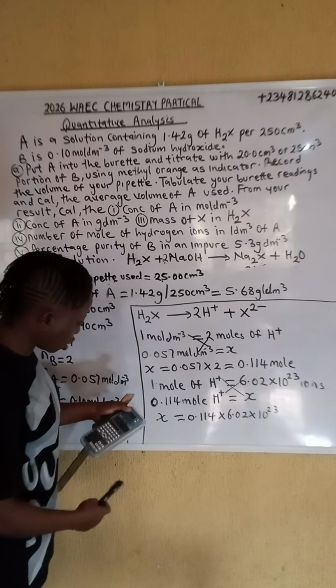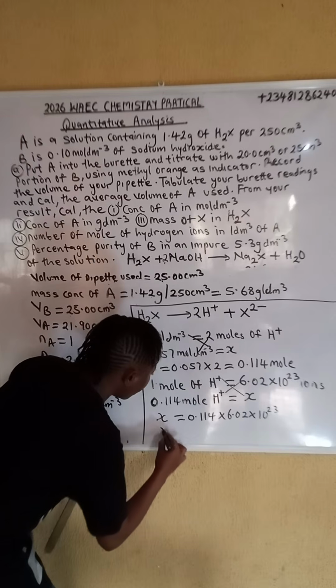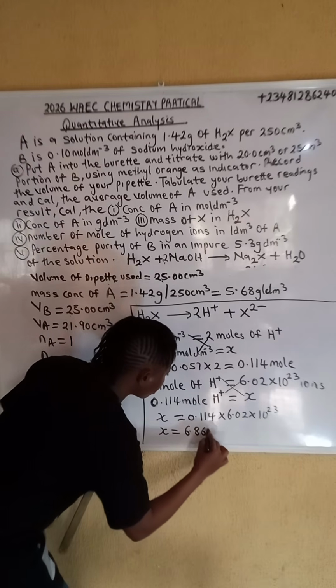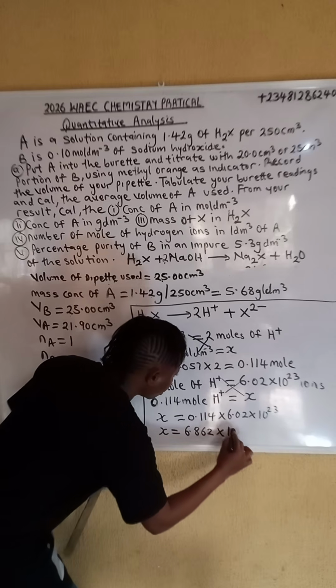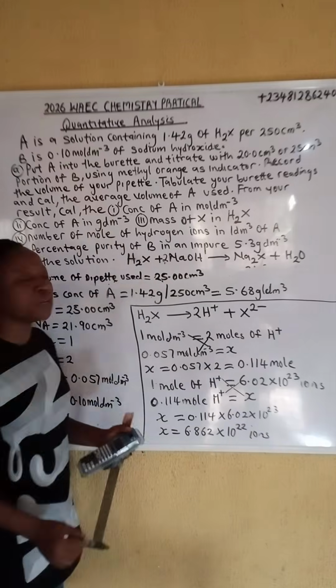So our answer is 6.862. X equals 6.862 times 10 raised to power 22 ions.